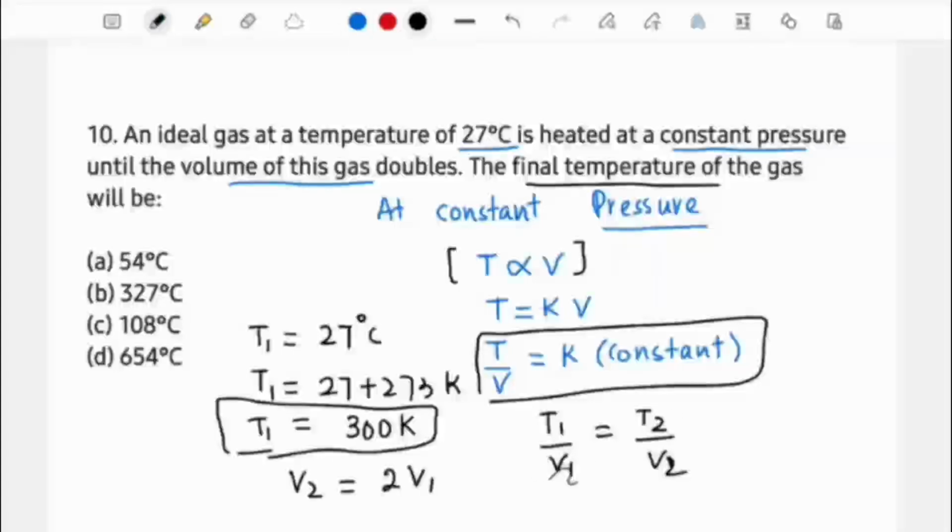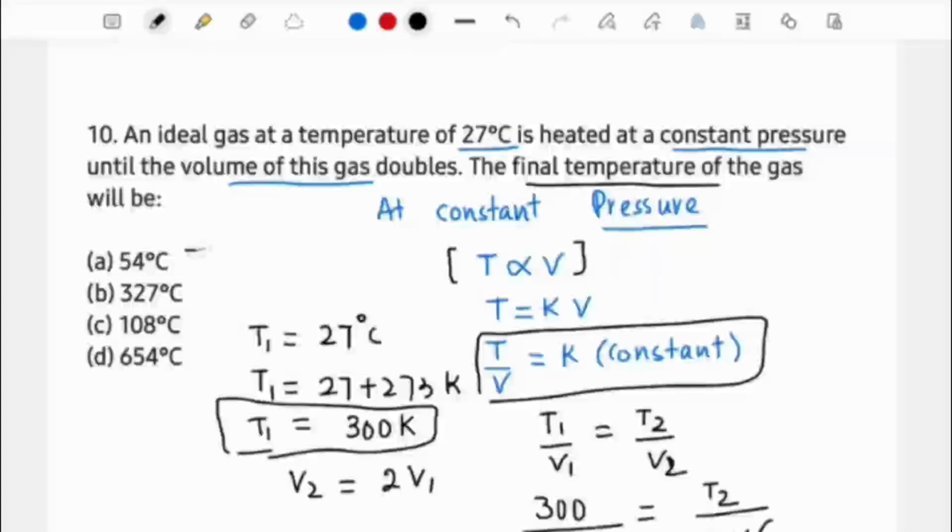Alright, so we will write 300 divided by V1 is equal to T2 divided by 2 times V1. V1 and V1 go, so T2 will be equal to 3 2s are 600 Kelvin.